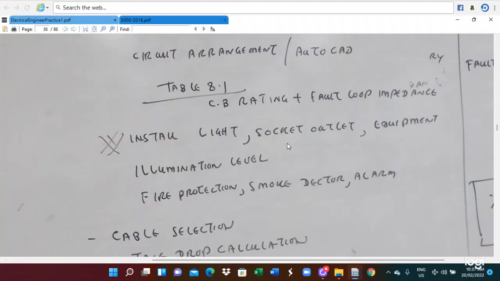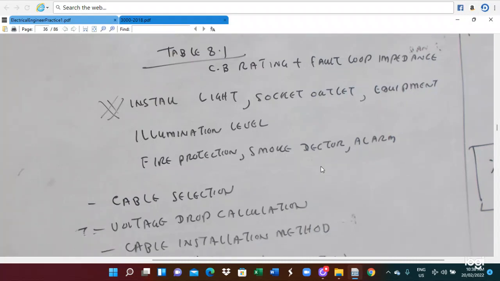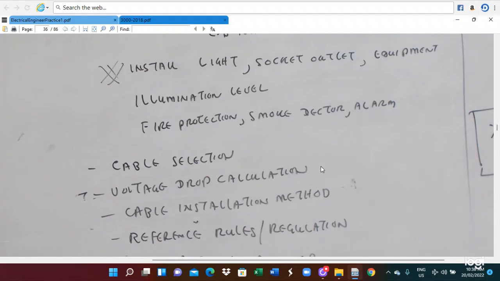And also we install the light points, socket outlets and equipment. For the lighting points, we have to determine the illumination level. Depending on the illumination level, we have to determine how many light points will be required, and then determine the appropriate circuit size and circuit breaker. Fire protection, smoke detectors and alarms need to be installed in the area.